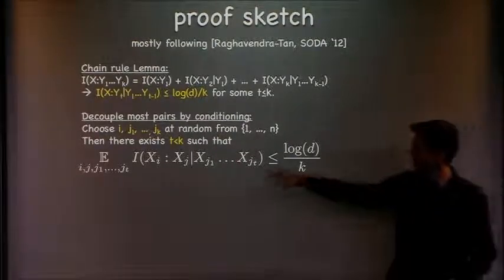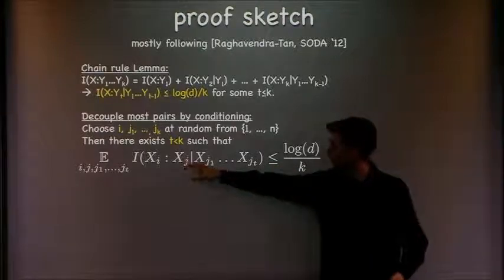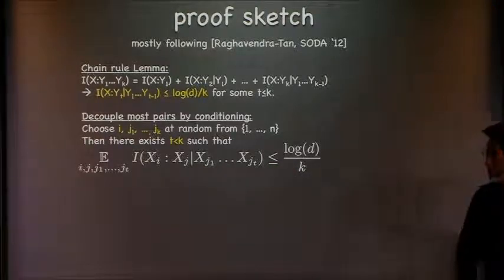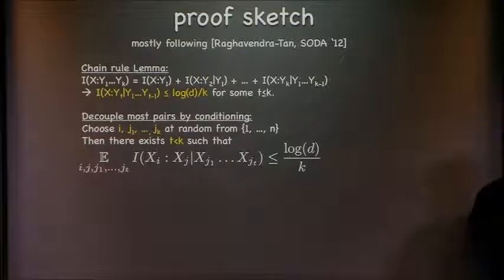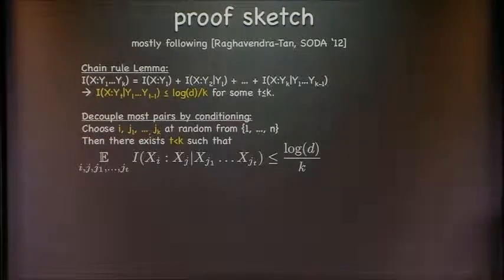And here I've just renamed j t plus 1 to be j. So I choose a bunch of things at random and condition on t of them, and then an average pair of other two systems will be nearly independent. So this is just basic classic information theory, but it already gets us most of the way home.